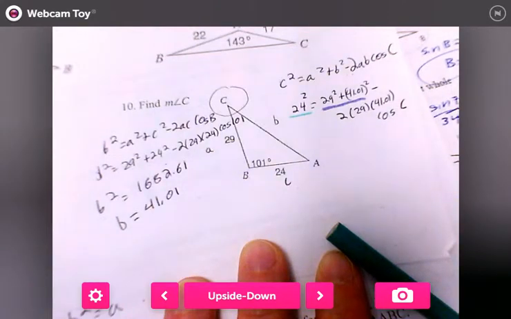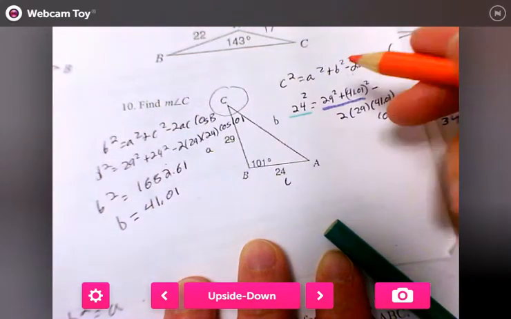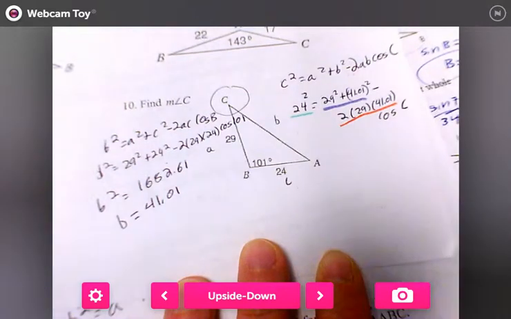And then I have to do this part. So I have to do each one separately.